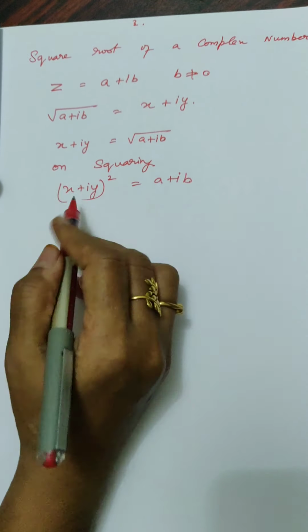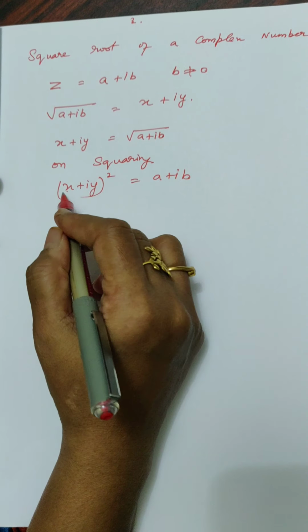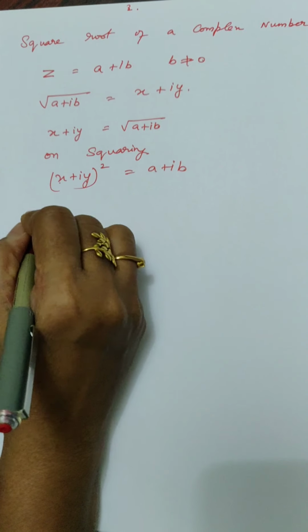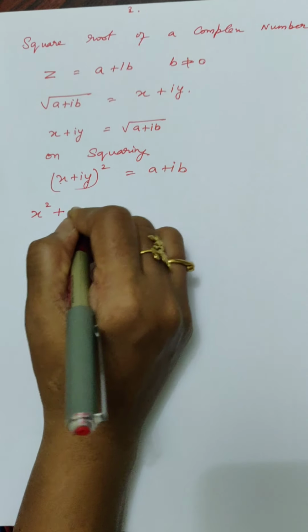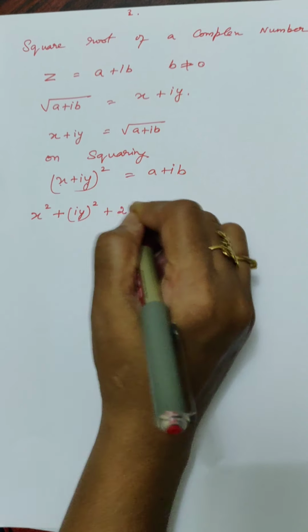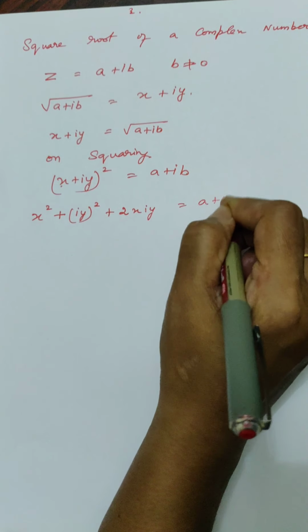I am applying the a plus b the whole square formula, or p plus q the whole square formula, because already I am using the letters a and b here. So p square plus q square, that is, x square plus (iy) the whole square, plus 2pq, equal to a plus ib.